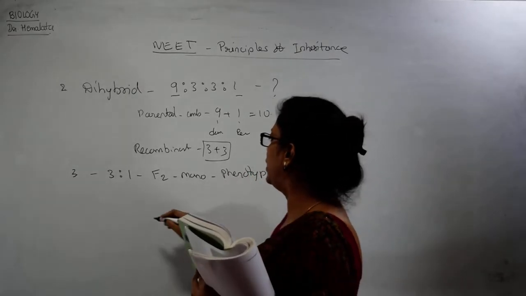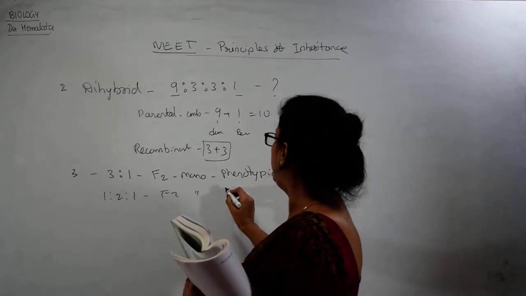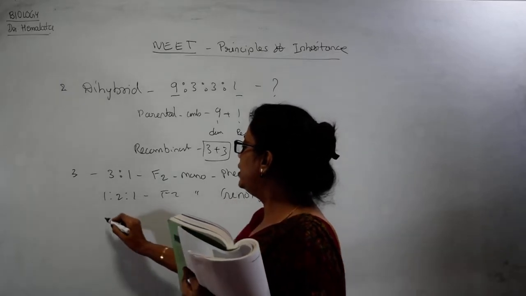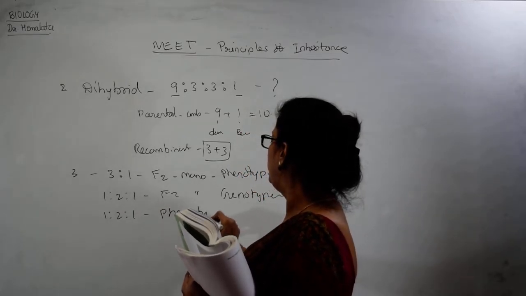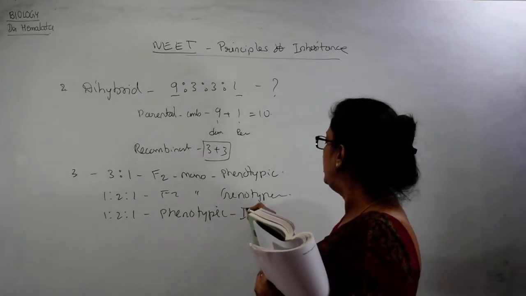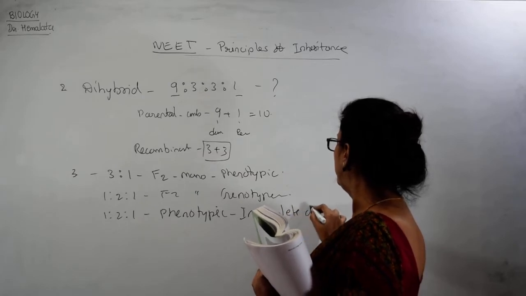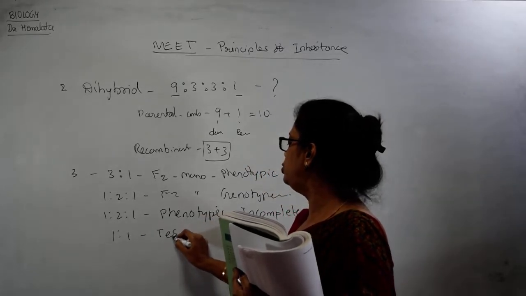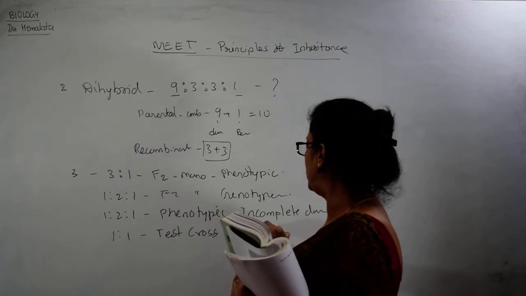Then 1:2:1 is normally the F2 monohybrid genotypic ratio. But what they are giving is 1:2:1 as a phenotypic ratio. If the phenotypic ratio comes to 1:2:1, this must be due to incomplete dominance. Then if you get 1:1, it is the ratio for a test cross in a monohybrid cross.